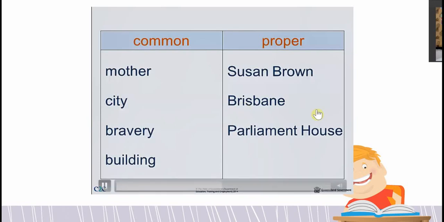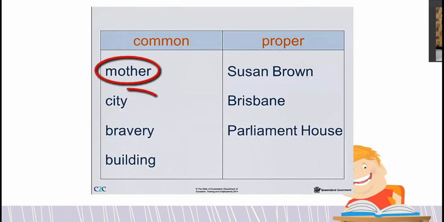Common nouns can also be categorized as concrete or abstract. In the list above, the common nouns mother, city and building are all concrete nouns. But the common noun bravery is abstract. What do you think the difference between concrete nouns and abstract nouns might be? Let's have a look.